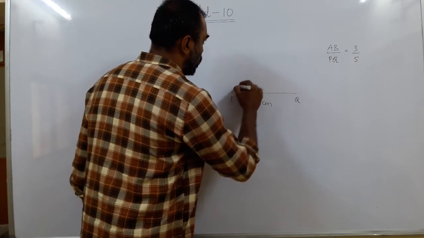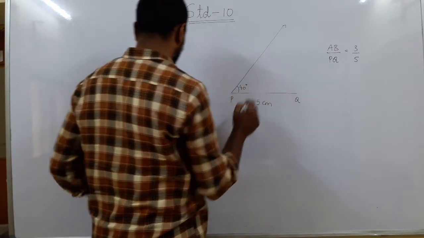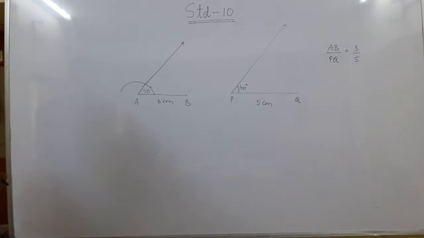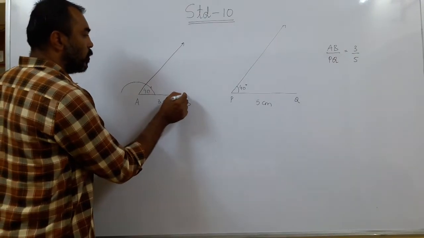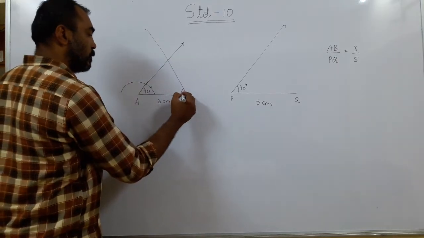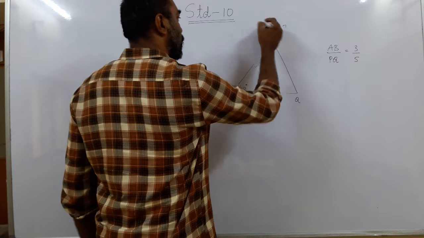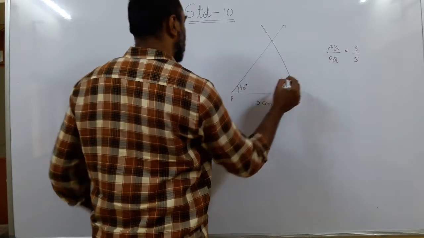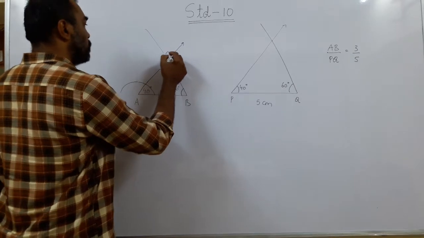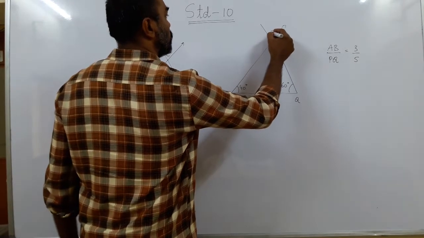At P, draw a ray of 40 degree. At B, draw a ray of 60 degree. Even at Q, draw a ray of 60 degree, right? Here you can make the point C, this point where they both intersect.